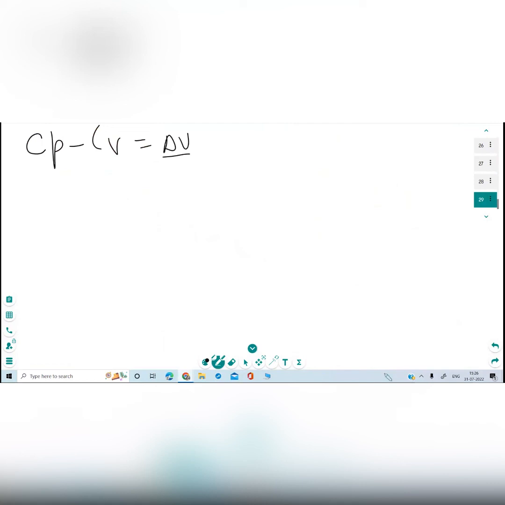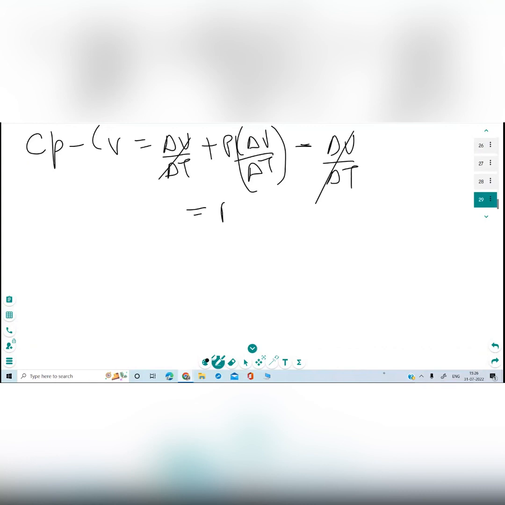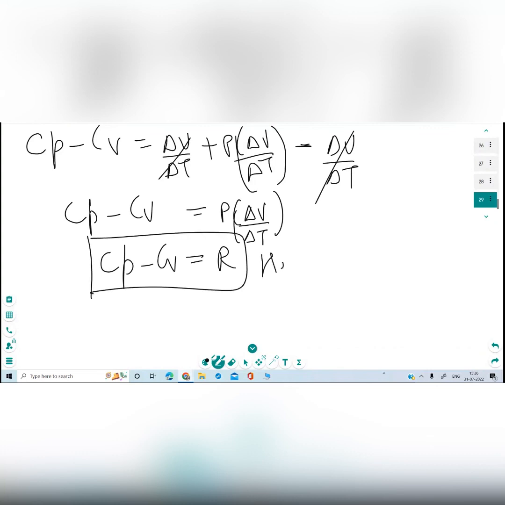So what will I write? I will write it like this: del U by del T plus P del V by del T minus del U by del T. This and this get cancelled. So we are left with P del V by del T, which I am saying is R. This is Cp minus Cv, and I will say hence proved.